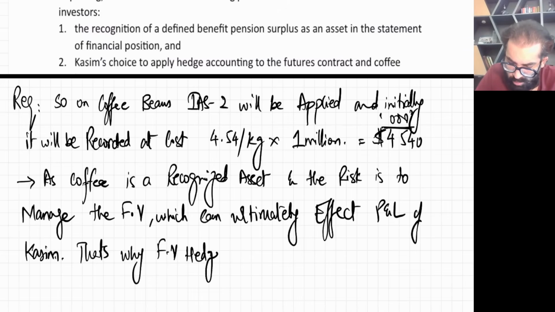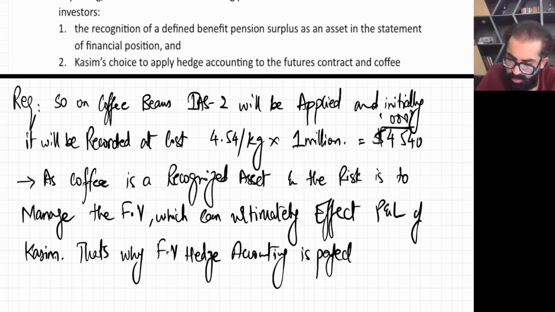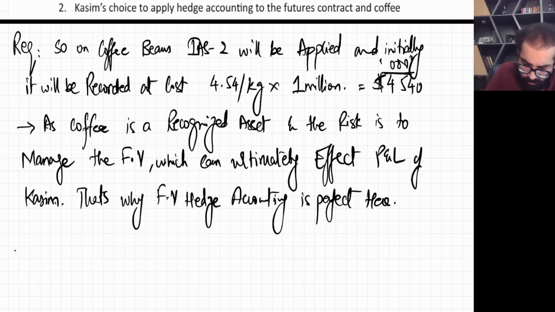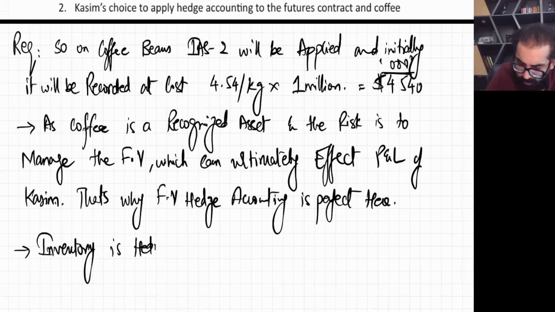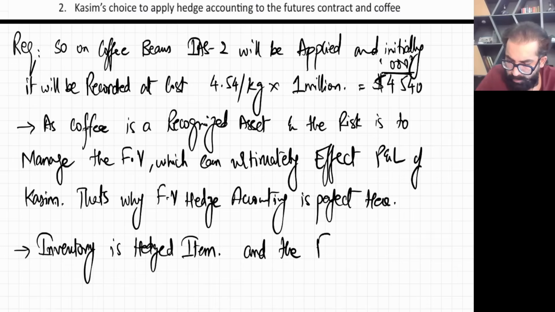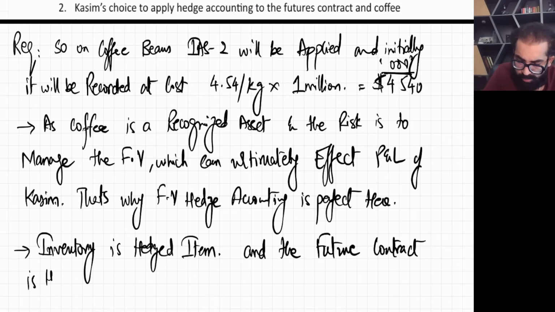Hedge accounting is perfect here, right? Now inventory is the hedged item and the futures contract is the hedging instrument.